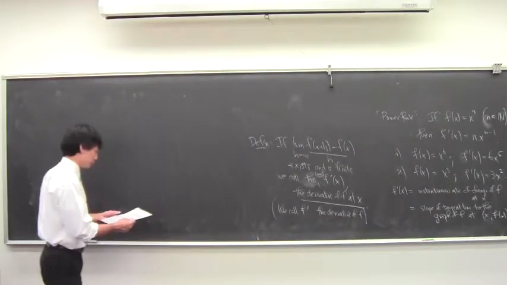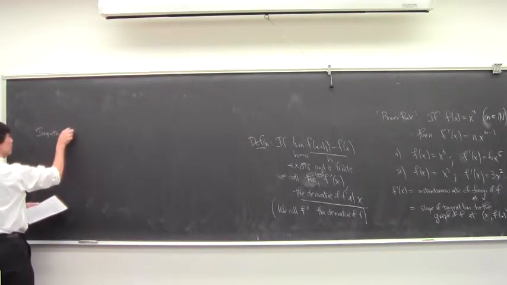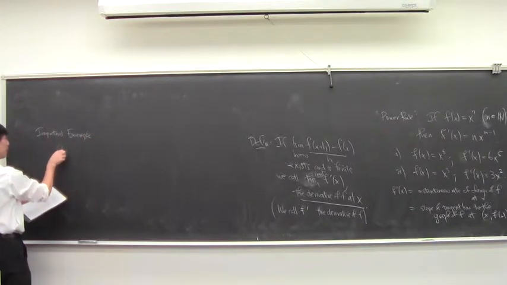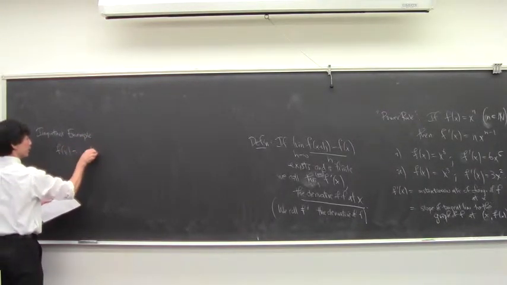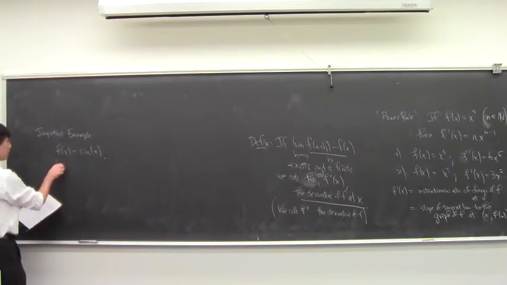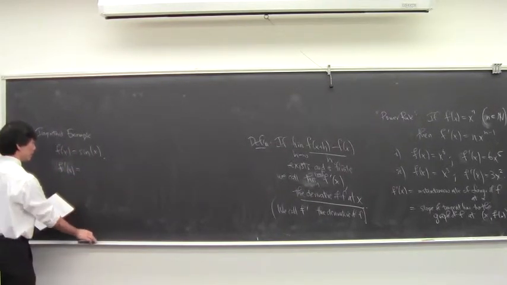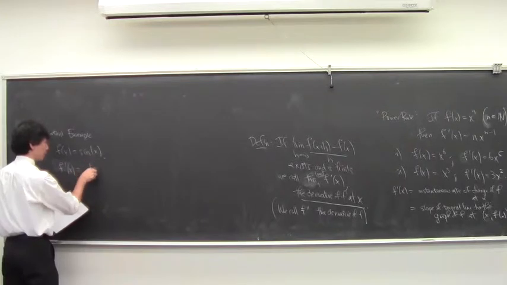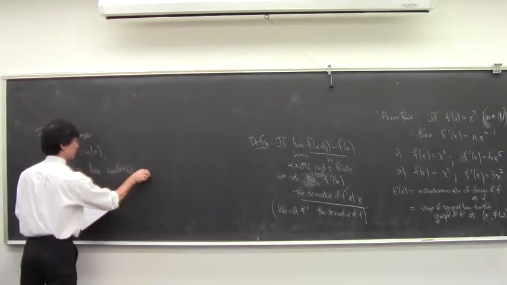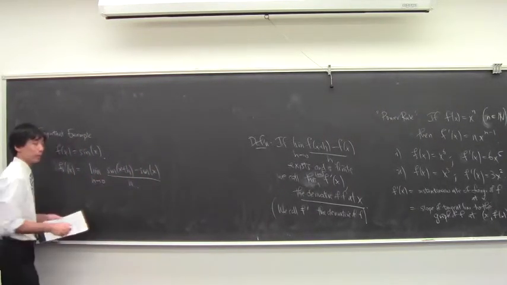Let me do another example of a derivative, another important example. If f of x is the sine function, sine x, and you want to calculate the derivative of it, well, the derivative is going to be the limit of sine x plus h minus sine x over h as h goes to 0.